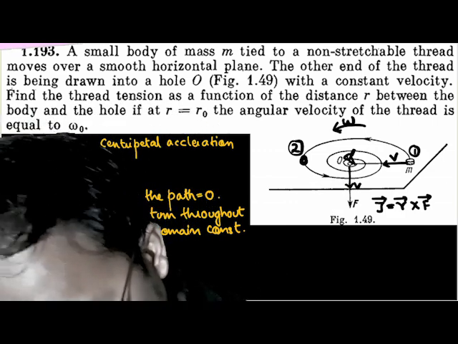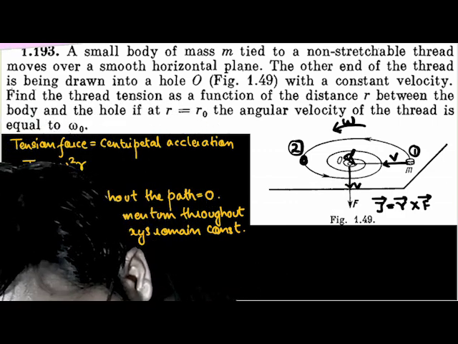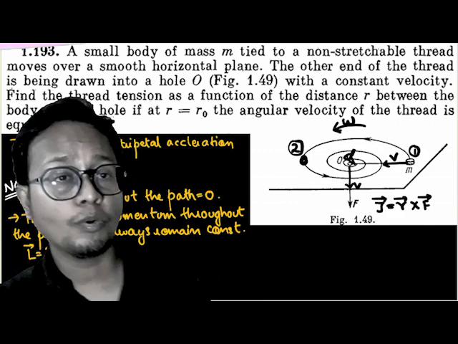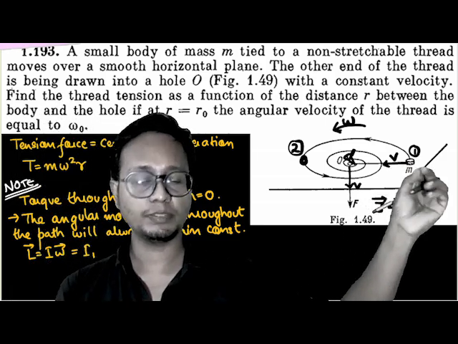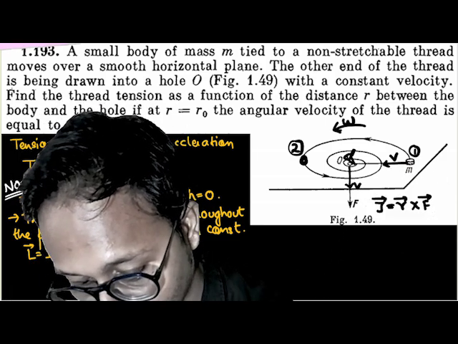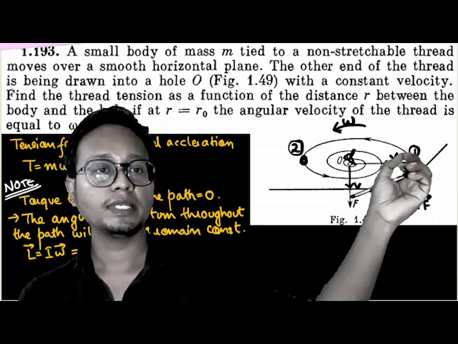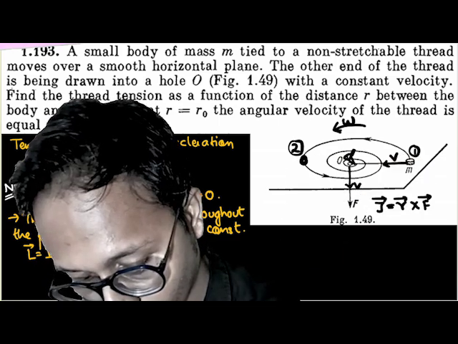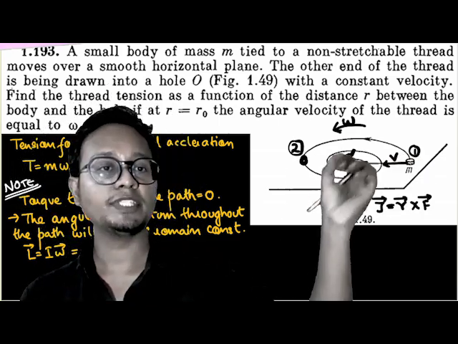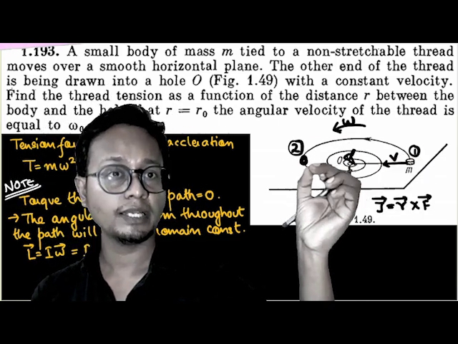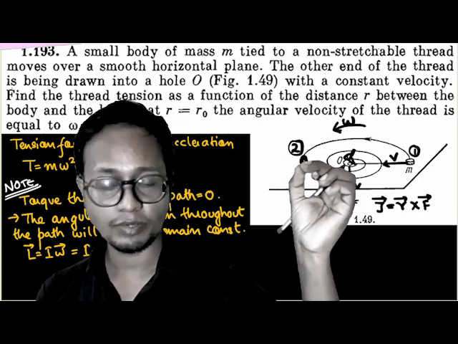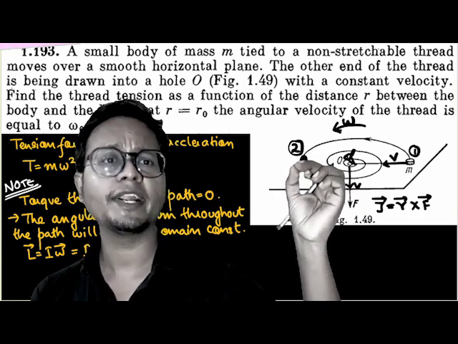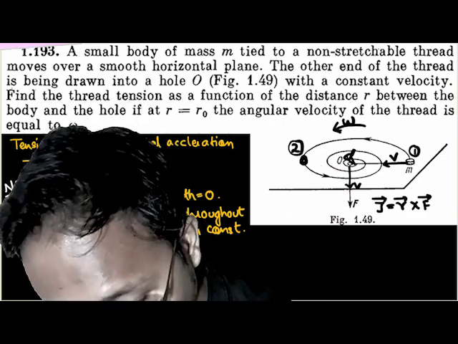So can I say I1, the moment of inertia of this mass M at this point, into the angular velocity at this point is equal to the moment of inertia at any other point into the angular velocity at that point?